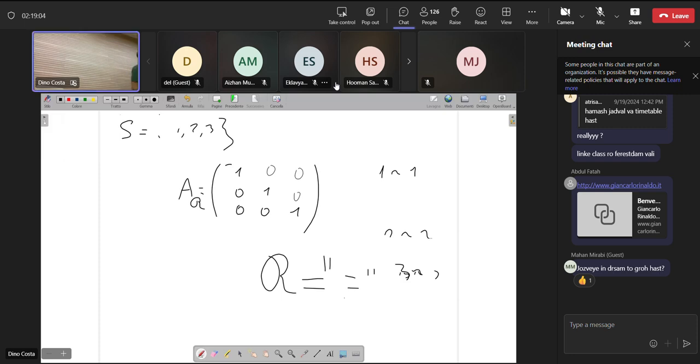Pay attention that this matrix will be called the identity matrix. And see that really equality is something that says identity.